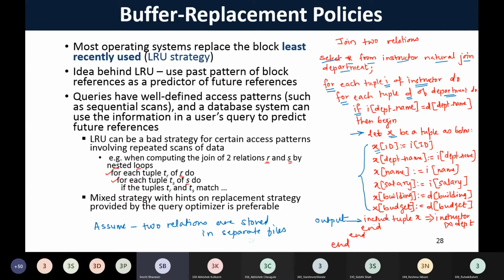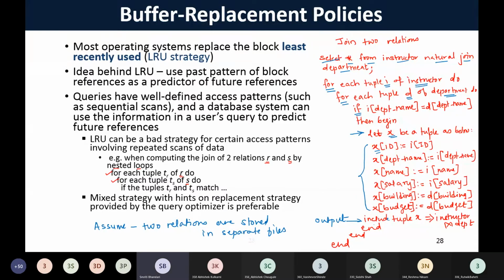Now, if we look at this process of natural join, we can find that once the tuple from instructor relation is processed, that tuple is not needed again.